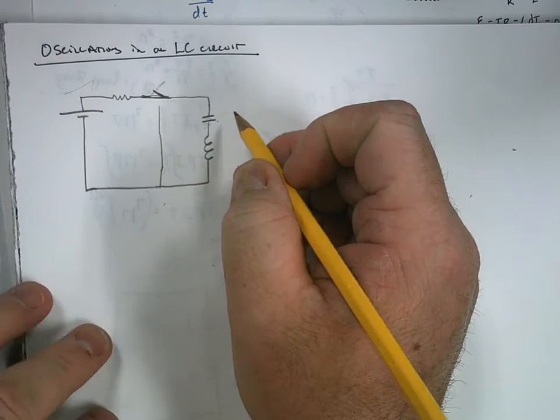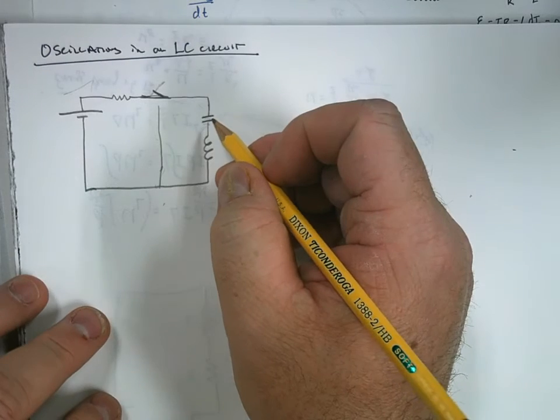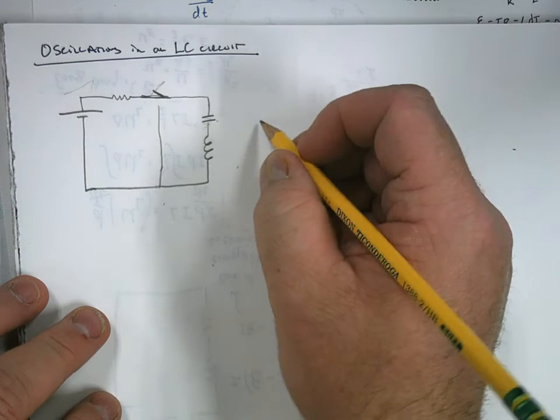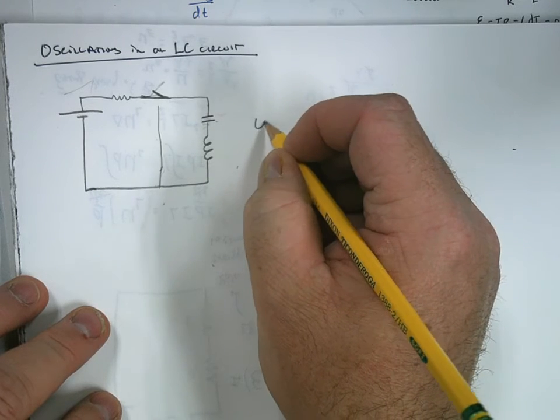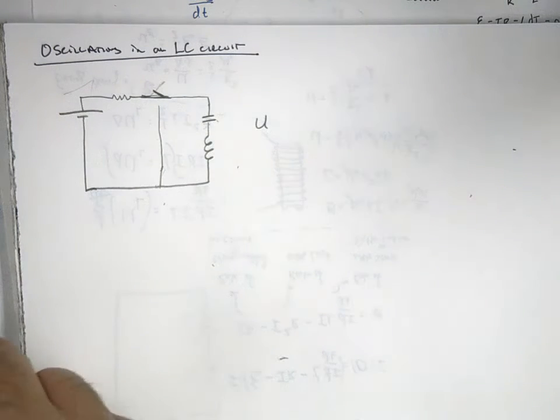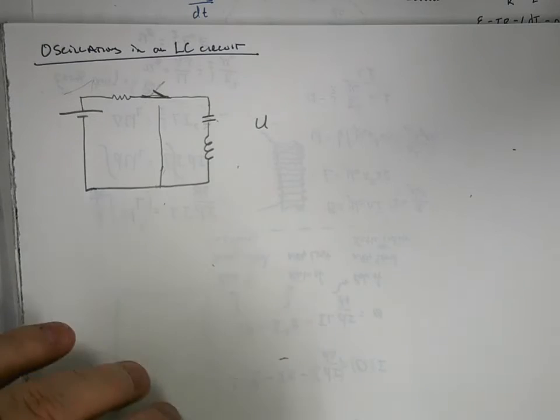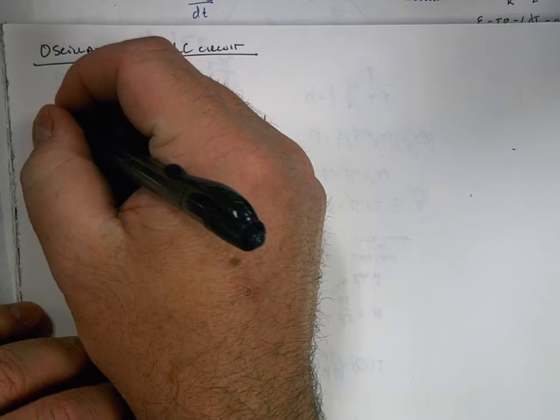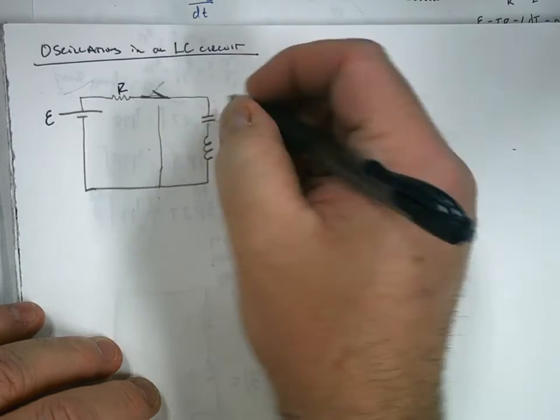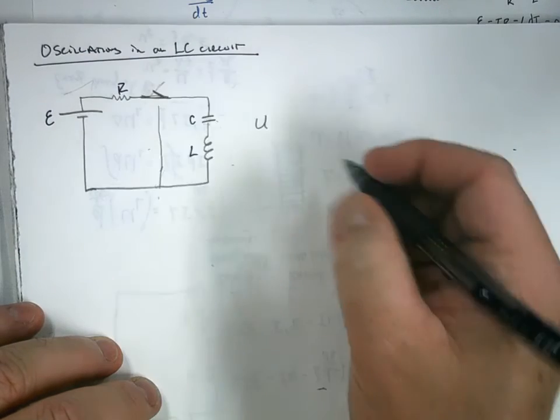All right. So once this happens and the current stops, we have potential energy stored in, all right, hold on, this is our E, this is our resistance, this is a capacitor. There we go.